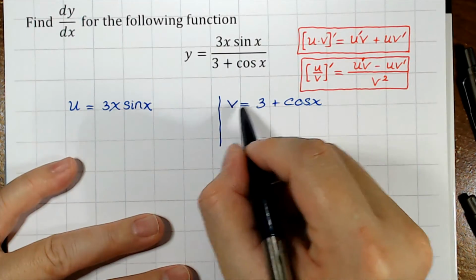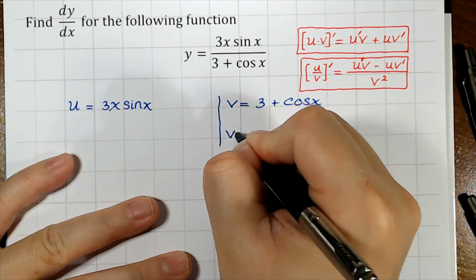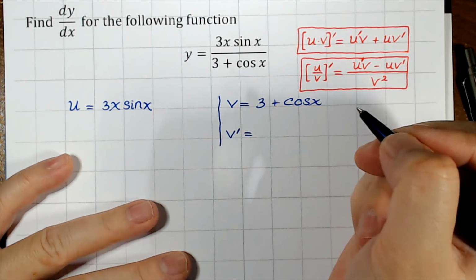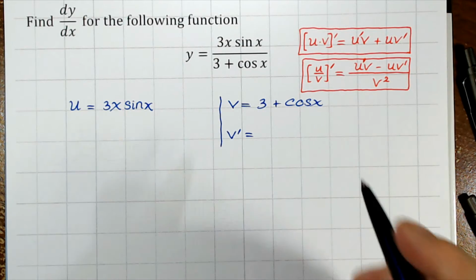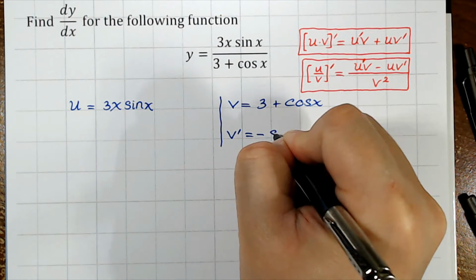And then we take the derivative of v: derivative of 3, a constant, is 0, derivative of cosine of x is negative sine x.